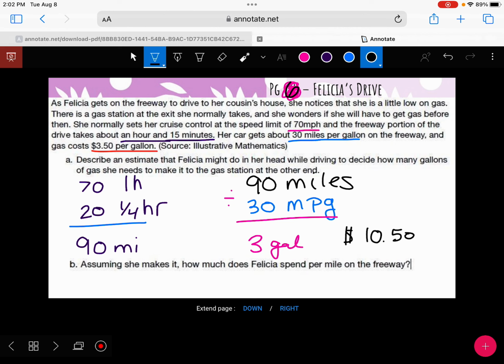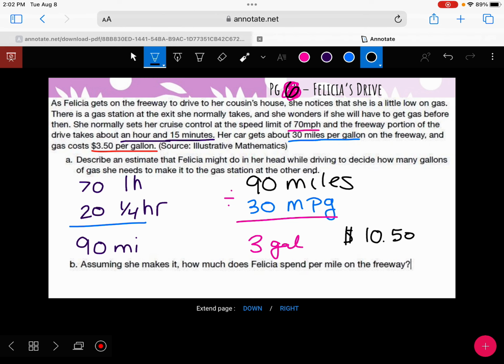So if she has about $10.50, she can get enough gas. If she knows she has 3 gallons, she knows she can get to her cousin's house.